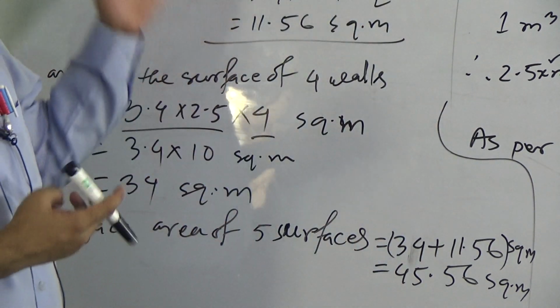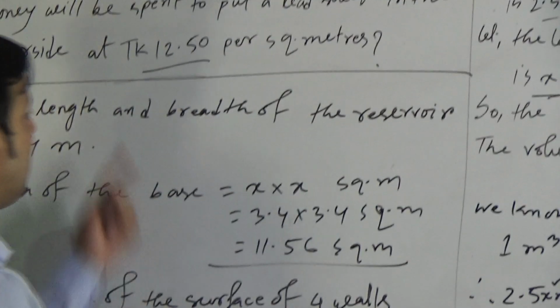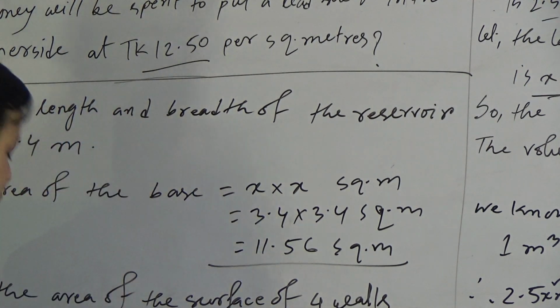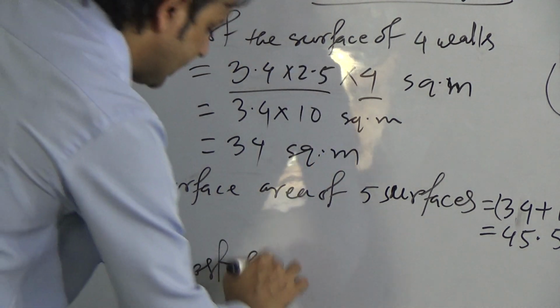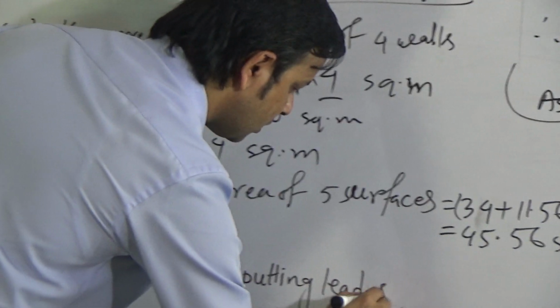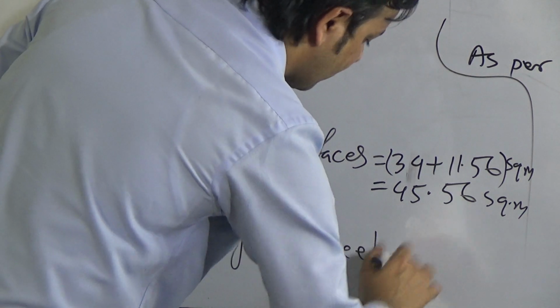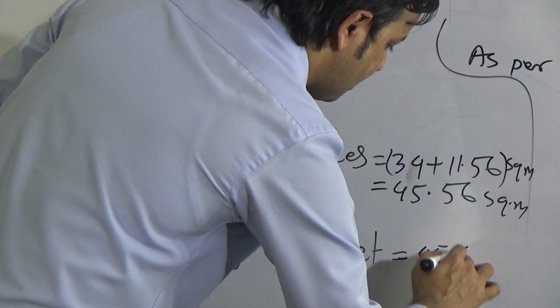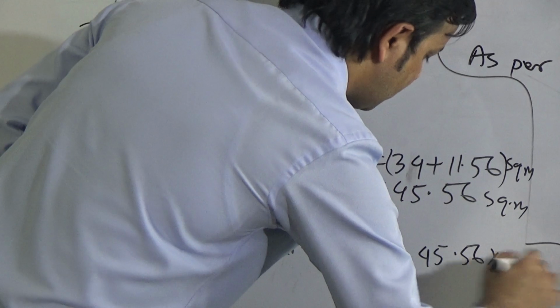So to put lead sheet, the cost per unit is 12.50. So the total cost for putting lead sheet will be equal to the product of 45.56 and 12.50. So what will be the product?